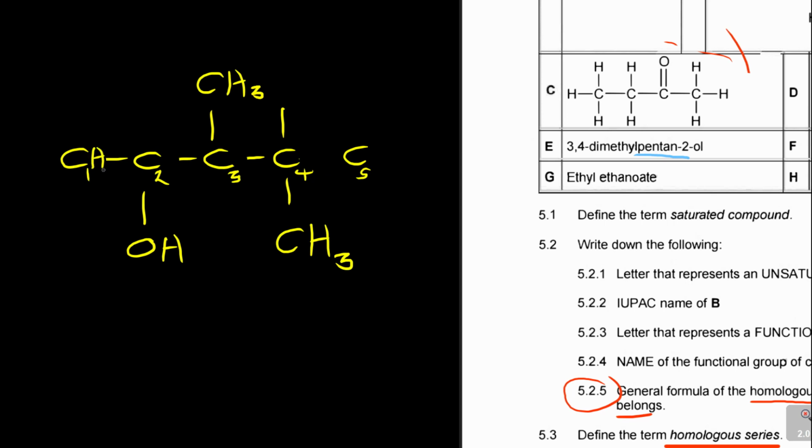The first one is CH3, and then CH, and then even here CH. Remember, 1, 2, 3, 4. So this is CH2 and this is CH3. Each carbon must have how many bonds? 4 bonds. Don't forget.